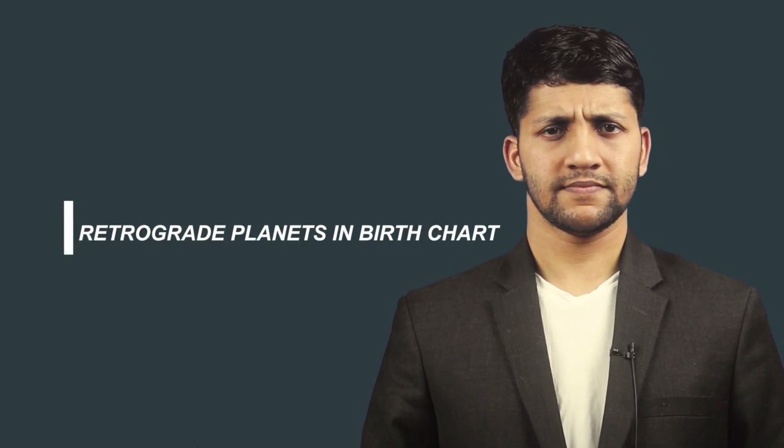But if somebody is born during those 2-3 days or maybe 2 months when Mercury is retrograde, he will have a retrogression of the planet in his natal chart, in his D1 chart. And that is the second type of retrogression. The first is the transit and the second is the planet itself being retrograde in your D1 chart.